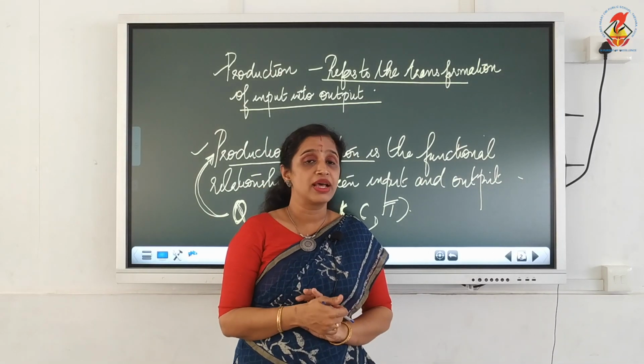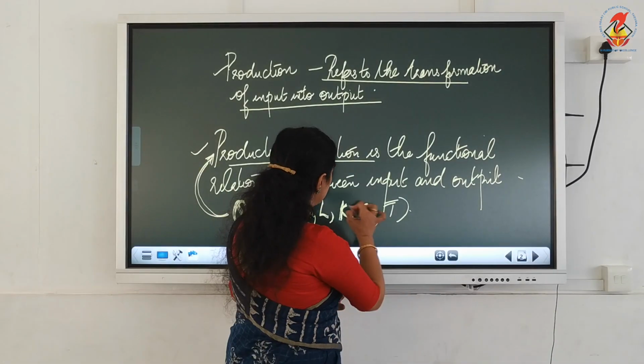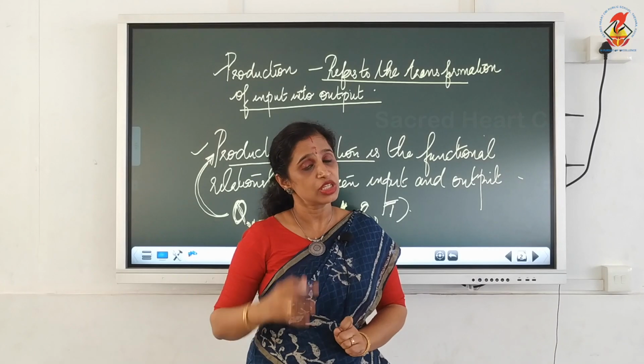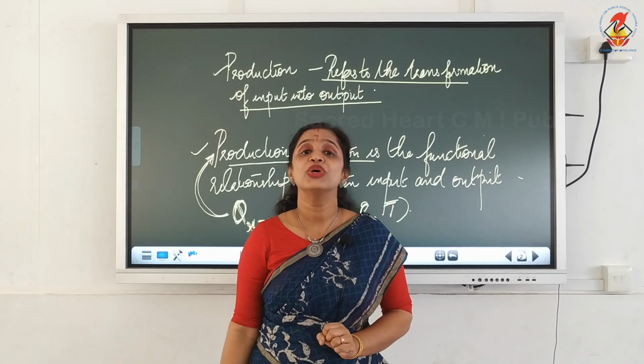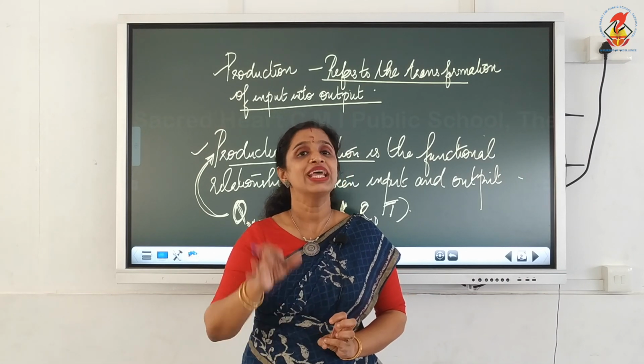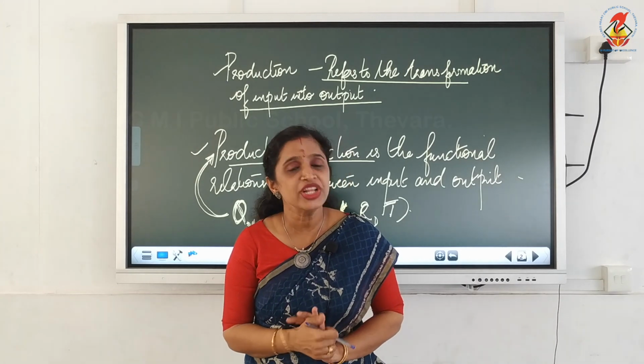LA can be considered as land, L can be considered as labor, K can be considered as capital, R can be considered as raw materials, T can be considered as technology. So with the combination of all these, we get the output. So Qx is a function of LA, L, K, R, T, and that is known as the production function.